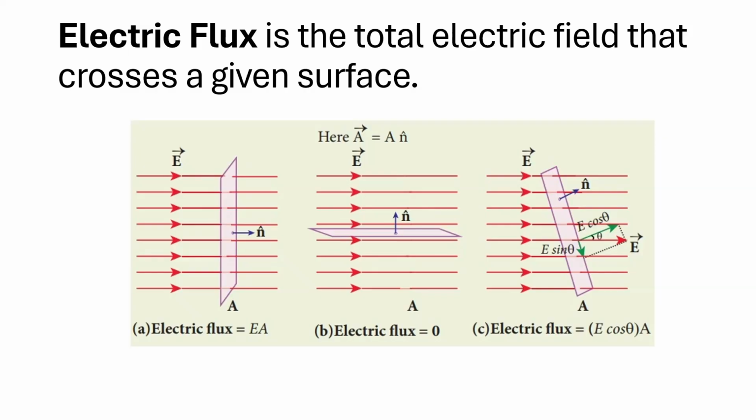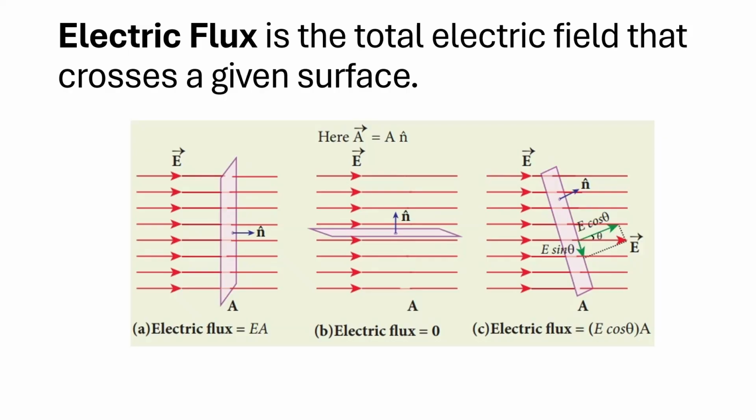And the formula that we're going to use is that electric flux is equal to the product of the strength of the electric field times the area, meaning the area of the plane. However, in letter C, we use a cosine, a trigonometric function, because we involve an angle in this case.